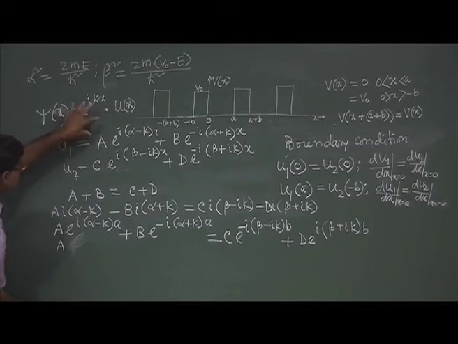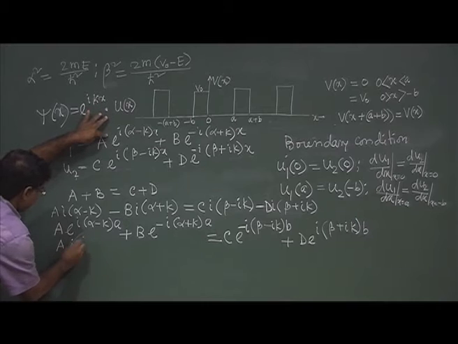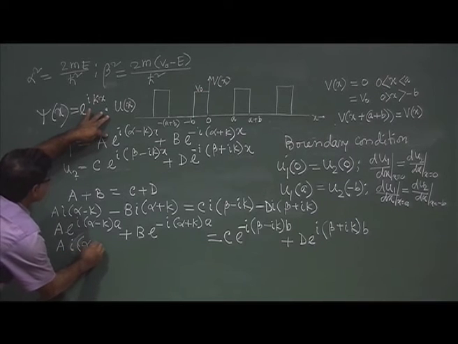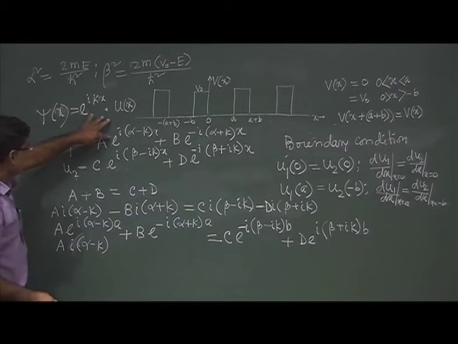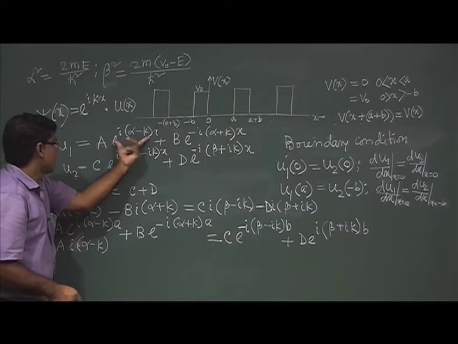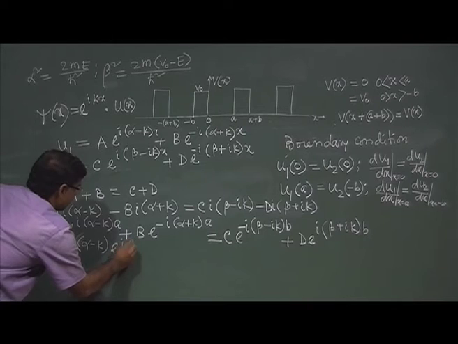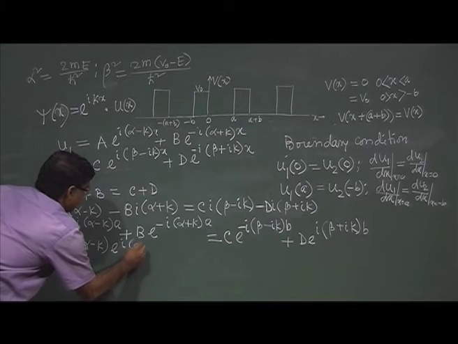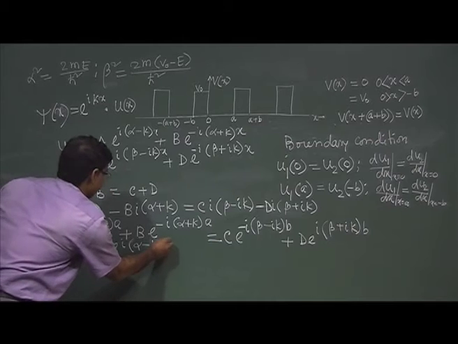If I differentiate a, then I will get i(alpha minus k), right. Now, this will be there. So, I have to write e to the power i(alpha minus k) a, and this is a, right.